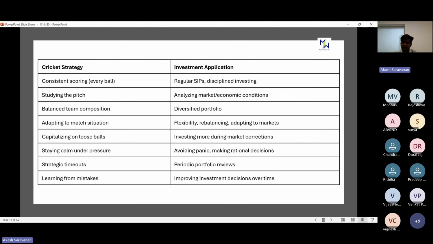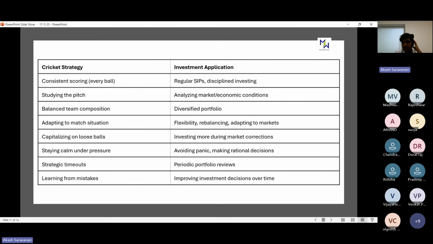Generally, it's better to have a balanced team, so that whatever happens, if some players couldn't contribute, other players contribute. Meaning, this year equity almost didn't perform well, but still gold, silver, gold mining, and banking to some extent gave returns, right?